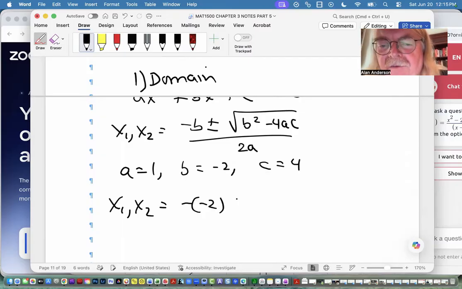Let's try that. And of course, be very careful with the signs. There are a lot of opportunities here to make sign errors.